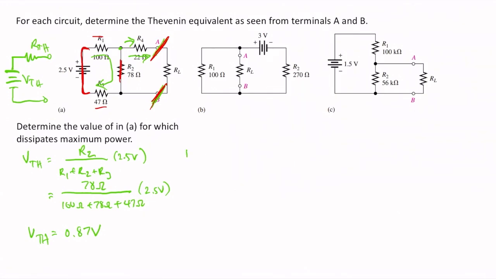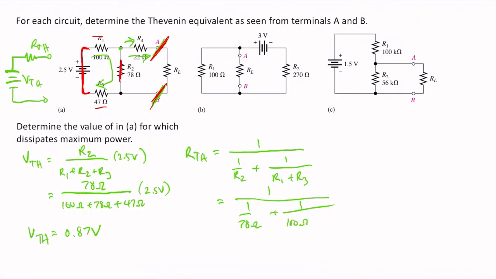We can solve for RTH to be 1 over (1 over R2 plus 1 over R1 plus R3). Plugging in the values, we have 1 over (1 over 78 ohms plus 1 over 100 ohms plus 47 ohms). This gives us a Thevenin resistance of 70 ohms.